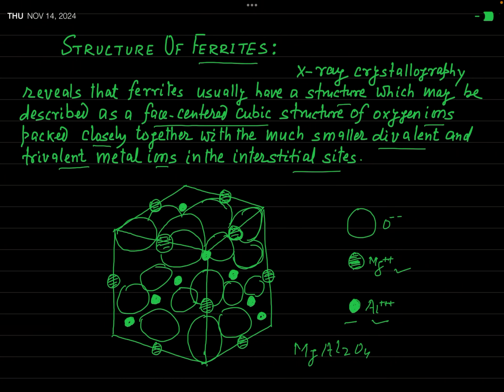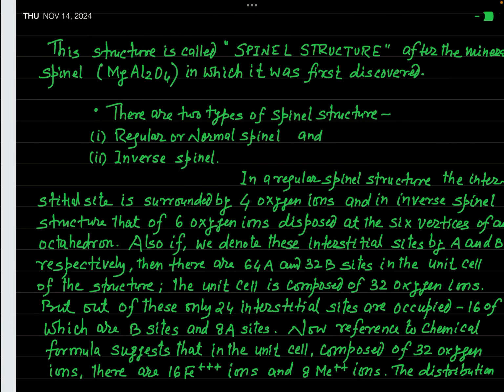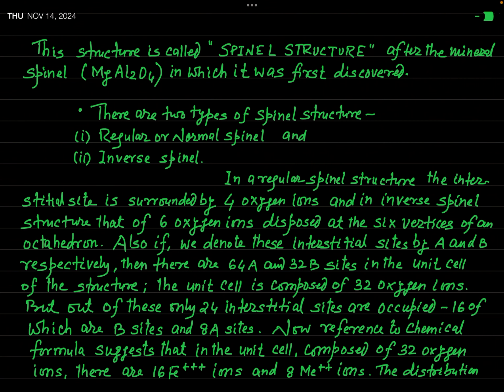In fact, when you talk about the structure of ferrites, this structure is called a spinel structure, after the name of this mineral MgAl2O4, in which this spinel structure was first discovered. This spinel structure is of 2 types. The first is called the regular or normal spinel structure, and the second is called the inverse spinel structure.